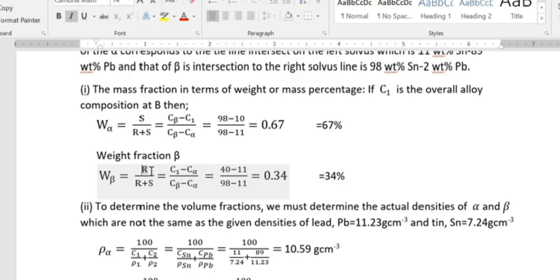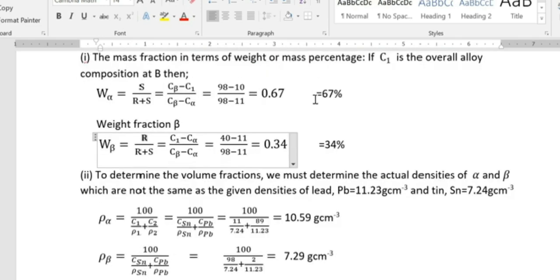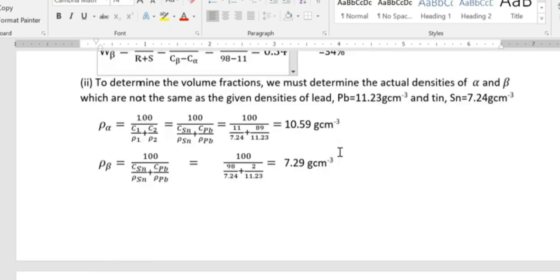So for beta it is going to be R over the total. R plus S is C beta minus C alpha, your total distance, isn't it? And when you add them up, you must have 100%. So here is 67% and here is 34%.